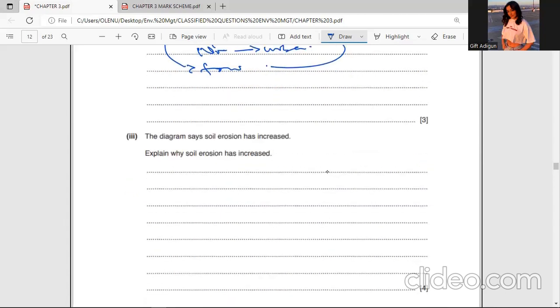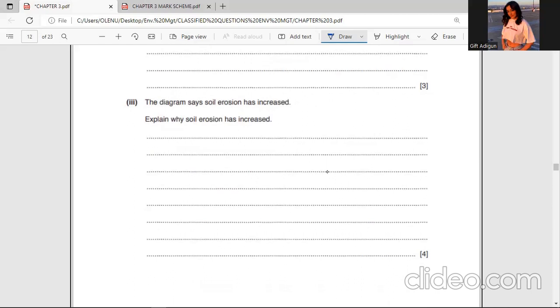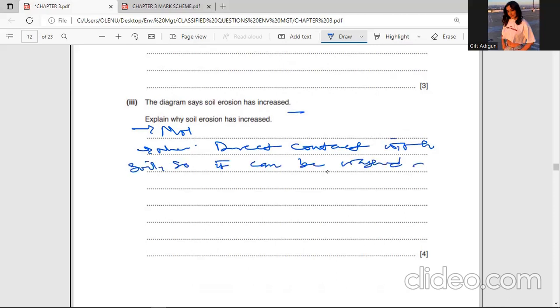Now, the diagram says soil erosion has increased. Explain why soil erosion has increased. When there are no trees, the soil is exposed to the wind. No more interception because you clear the vegetation, so the water will have direct contact with the soil and it can be washed away. Do you get this, please?